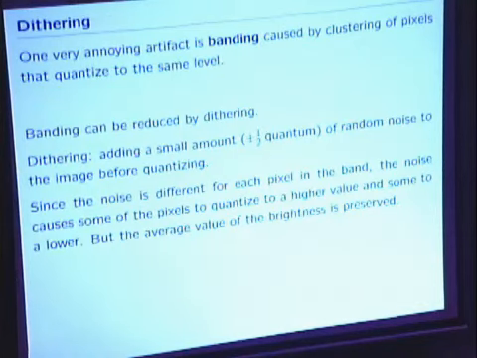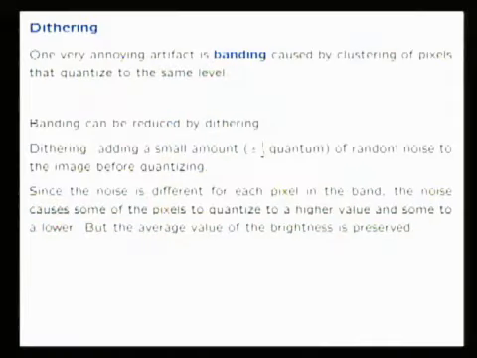So one way you can reduce that is called dithering. Dithering means add noise. That's kind of weird. So I want to get rid of the bands. What do I do? I take every pixel, and before I quantize it, I add noise to it.